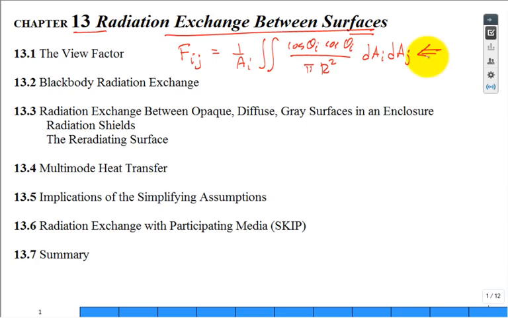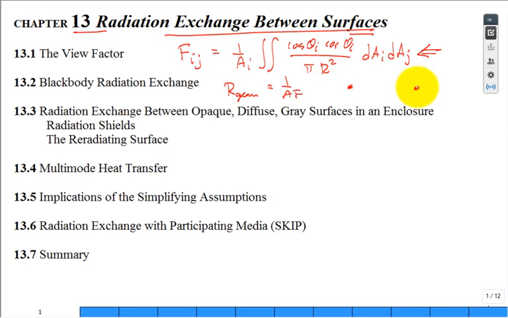We calculate them using tables, and other people have done a lot of hard work to tabulate it in an analytic expression or in a table for the view factor, for a bunch of conditions. We were introduced to a geometrical resistance in a radiative network, 1 over AF. And then we had nodes.